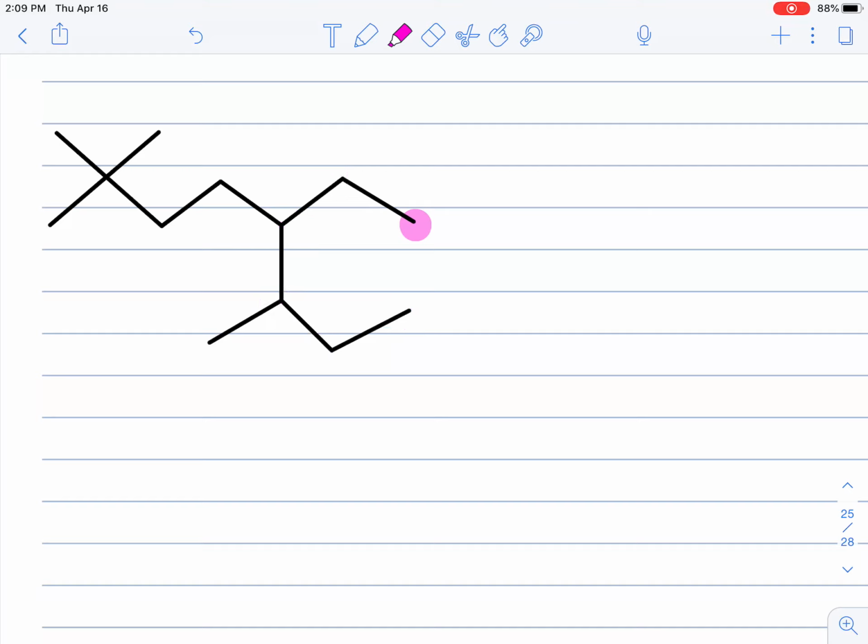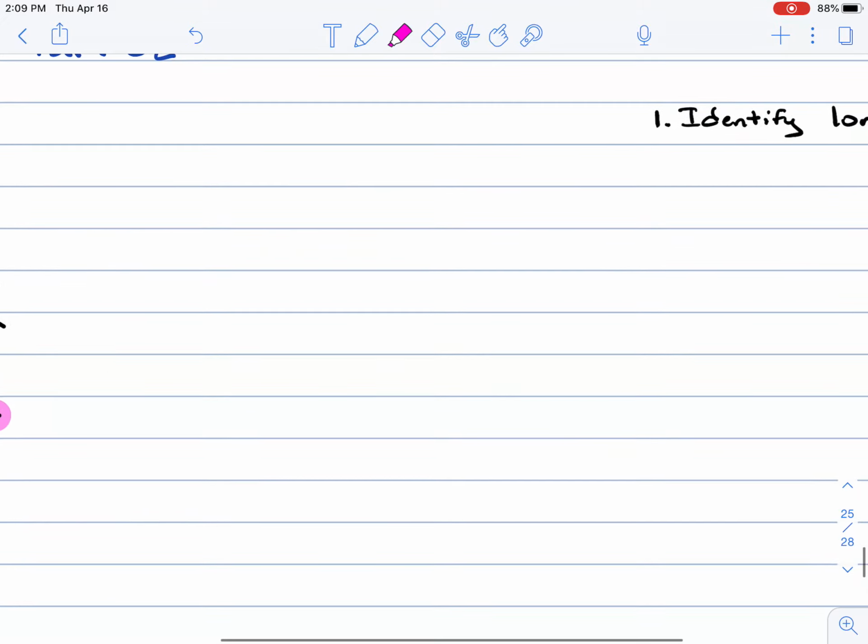And if I do 1, 2, 3, 4, 5, 5 is lower than 8, so that can't be it. 1, 2, 3, 4, 5, 6, 7, so almost there, but it doesn't beat 8. You guys can try out other combinations, but the true answer for the longest chain of carbons is 8.